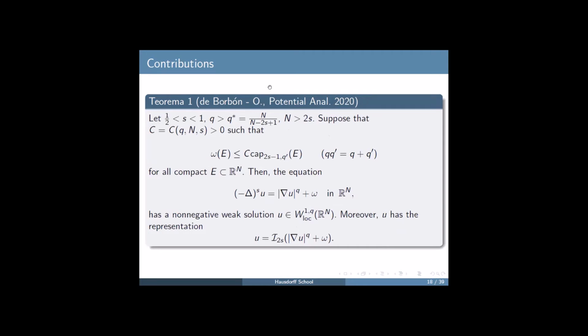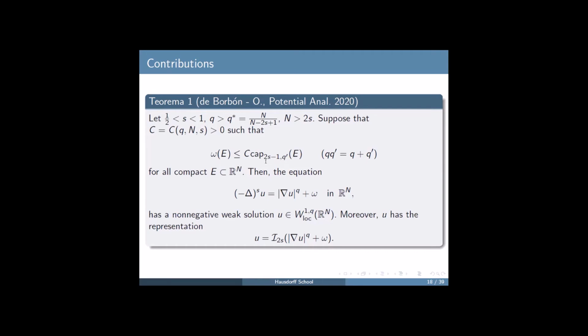She's a collaborator. Suppose that s is greater than 1/2, less than 1, q greater than this critical exponent, and indeed it will be greater or equal than 3 because we are not using log potentials, but I will impose this condition again. And suppose that there is a constant C so that we have this relation between the measure omega and the capacity: the capacity of order 2s minus 1 and q prime.